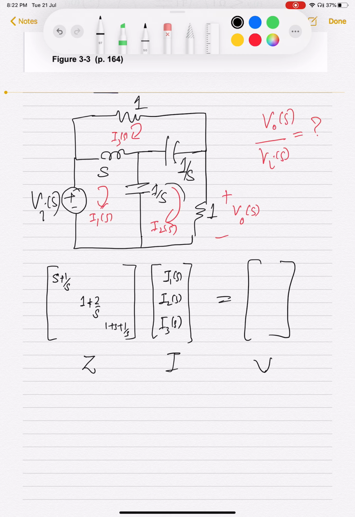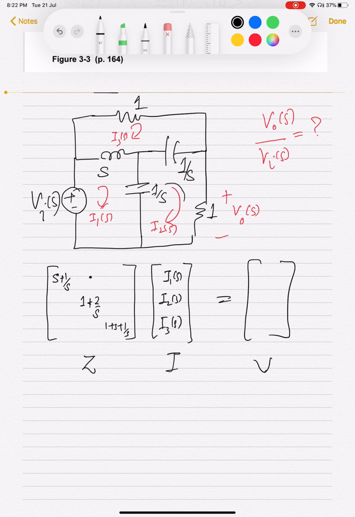So these diagonal elements are talking about mesh currents which are flowing through those particular impedances. Now, the off diagonal elements, this is the row 1, column 2 element here. So this is the impedance that is common between mesh I1 and I2.